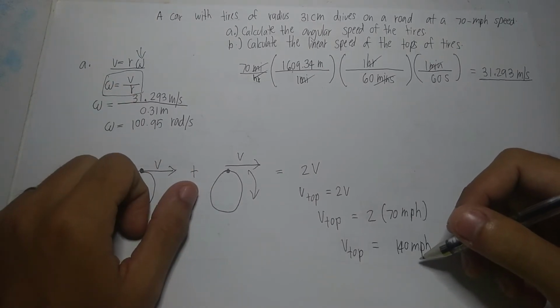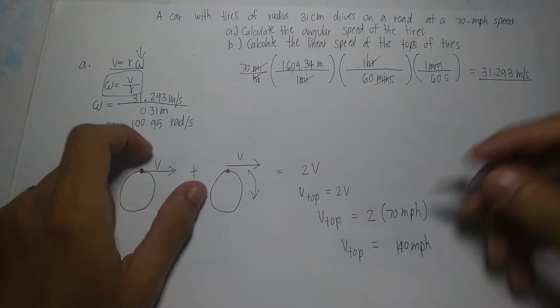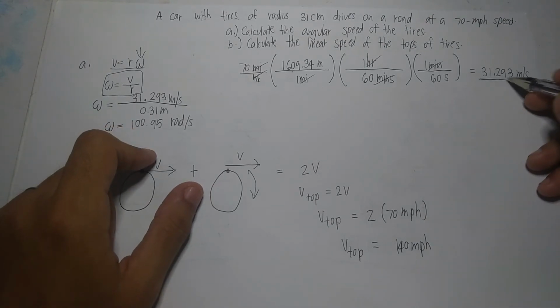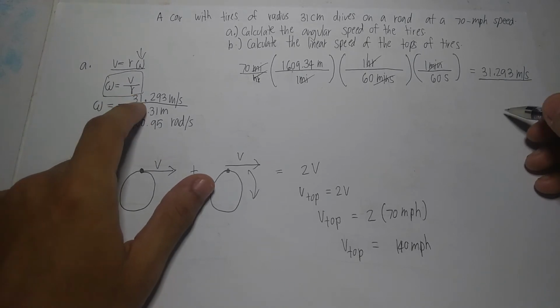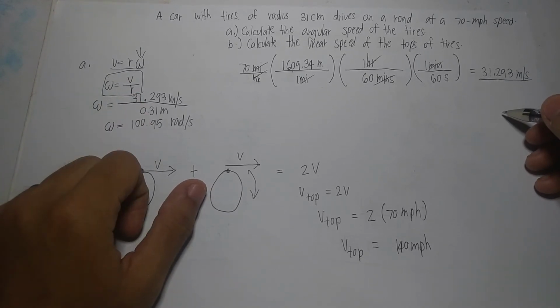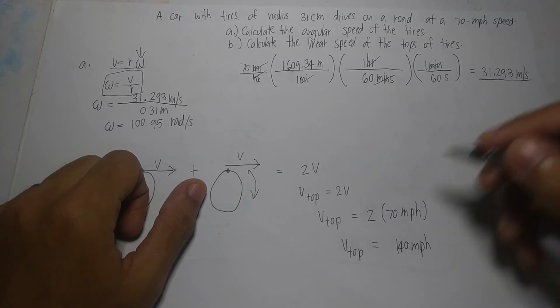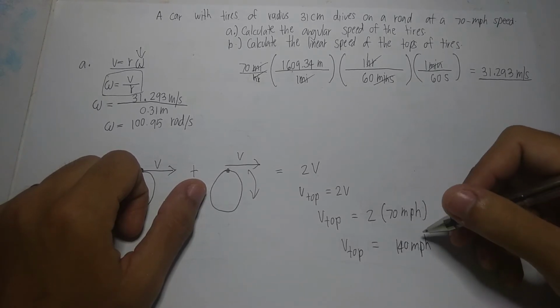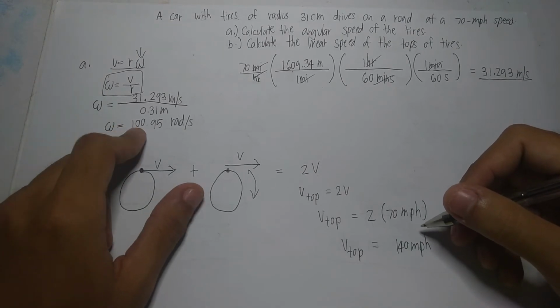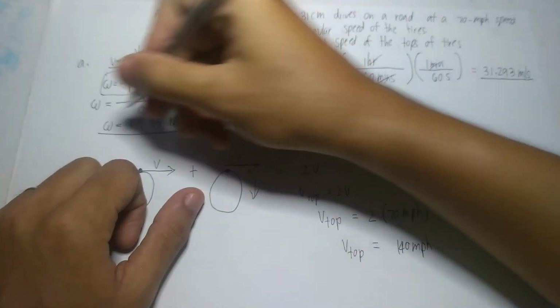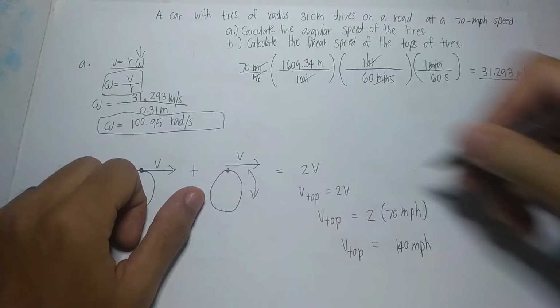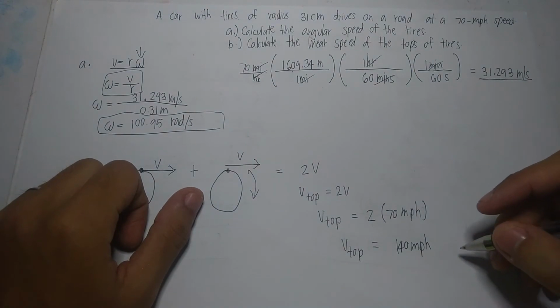And plugging in the values, we will plug the 31.293 meters per second to the linear velocity, and we know that the radius is 31 centimeter. And by calculating, we will arrive at 100.95 radians. So this is the angular speed of the tires.